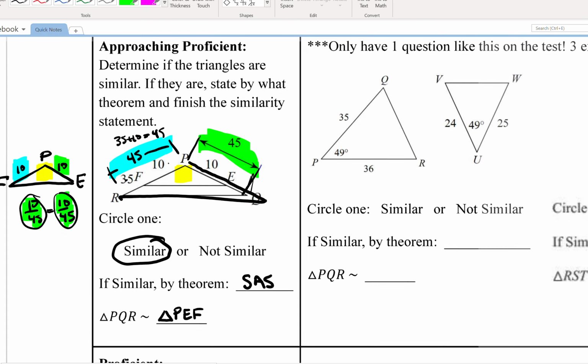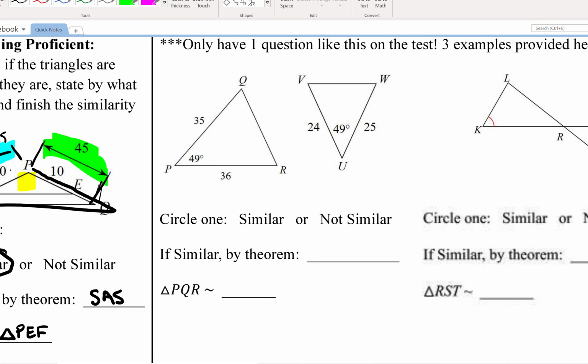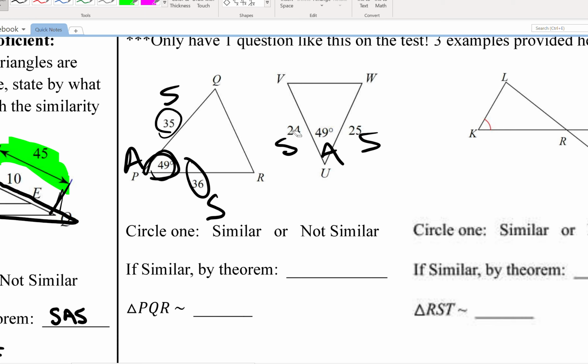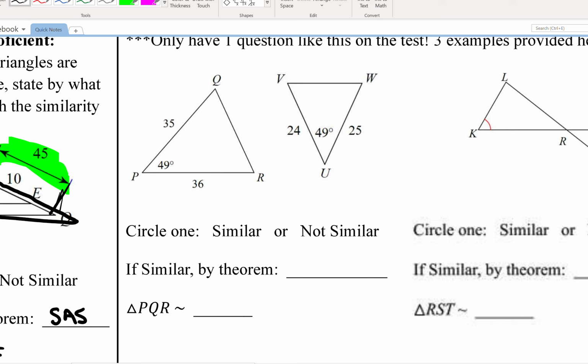All right, this next one. Look at this one. If these are going to be similar, they would also be similar by side angle side, because there are two sides and the angle is in between them. Side, angle, side; side, angle, side. Obviously the 49 degrees is the same.